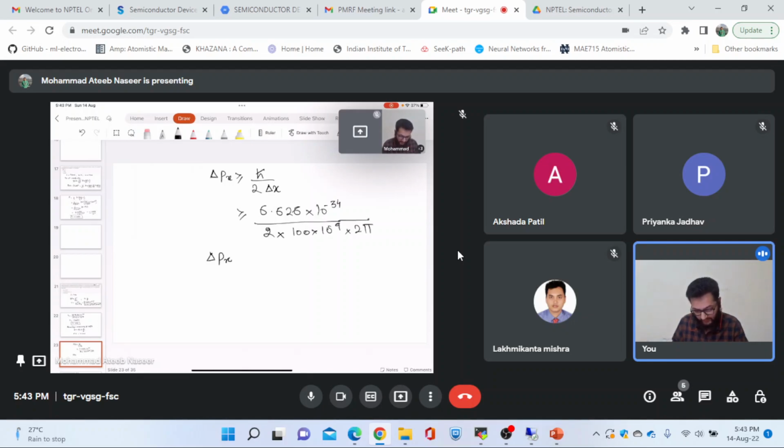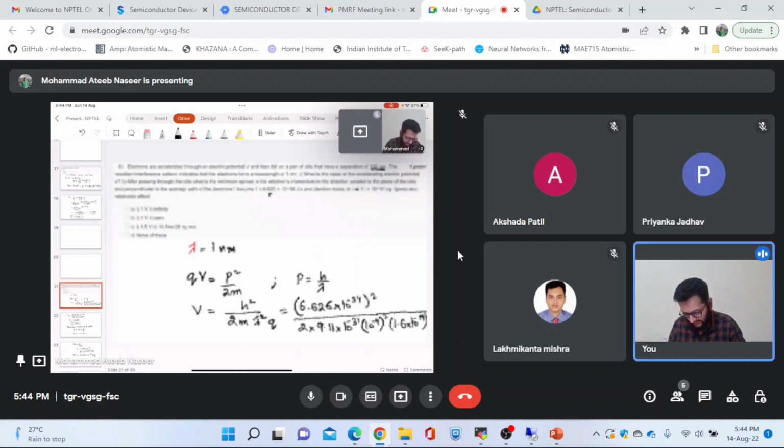If I calculate this value, it will come out to be 5.2728 into 10 raised power minus 28. Let us write down its units as well. It will be kg meter per second.